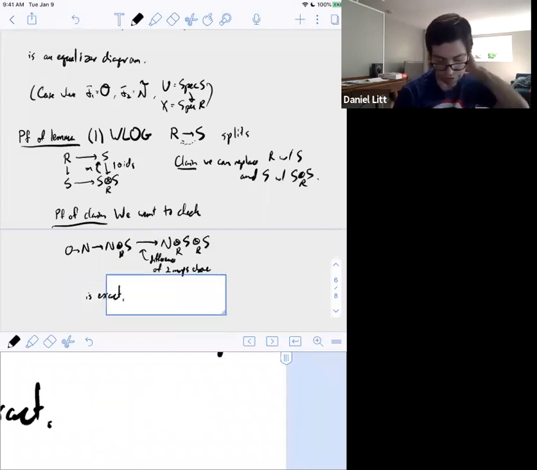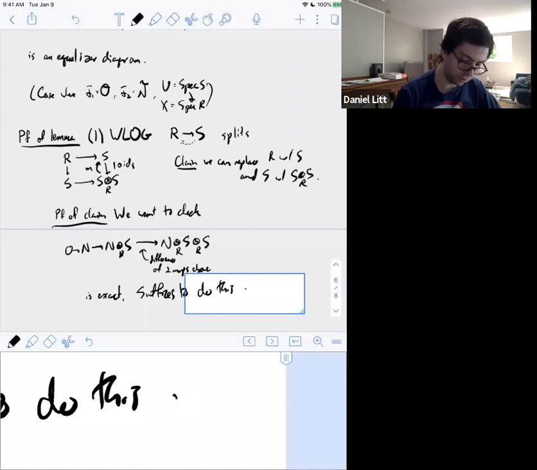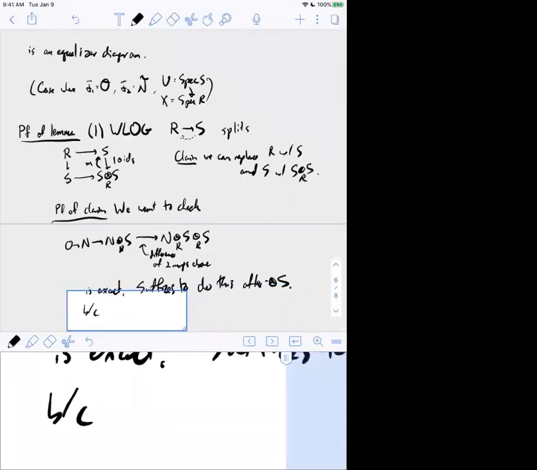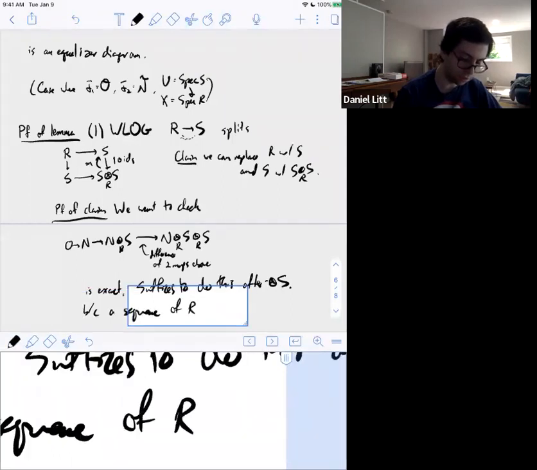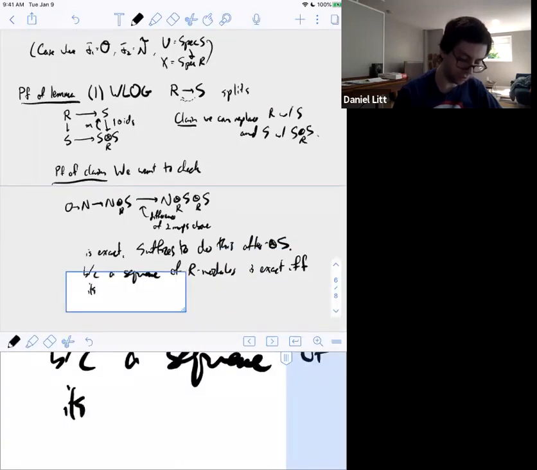And the idea is that it suffices to do this after tensoring with S. So why is this? Because a sequence of R modules is exact if and only if it's exact after tensoring with S.